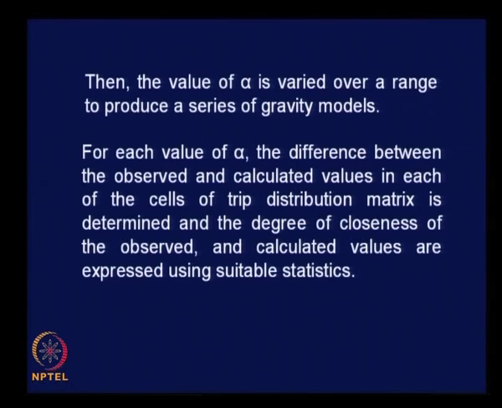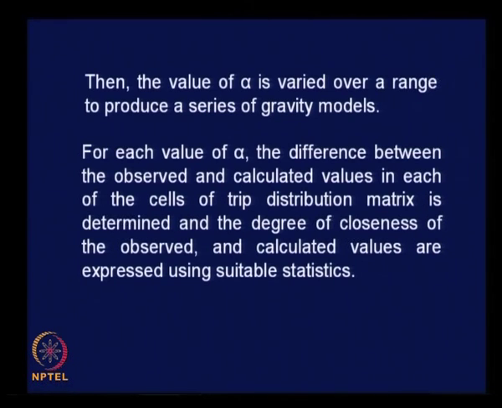For each value of alpha, the difference between the observed and calculated values in each of the cells of the trip distribution matrix is determined, and the degree of closeness of the observed and calculated values is expressed using suitable statistics. Please note, calculated values as well as observed values in each of the cells of the trip distribution matrix are compared and the variation is determined.